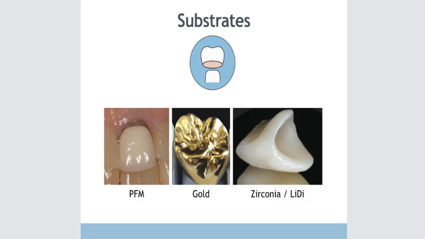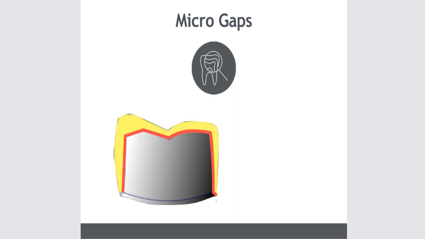You have to understand that these are far different than metal. They fit differently, they're milled differently, they're made differently. It's a whole different paradigm. So we have to understand that the substrate plays a huge role in our decision to cement or to bond.